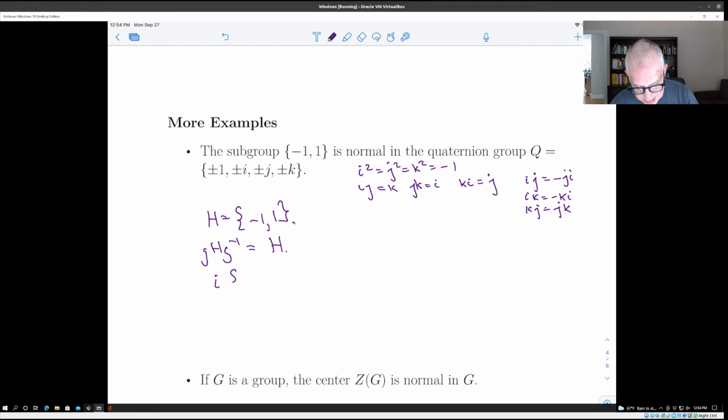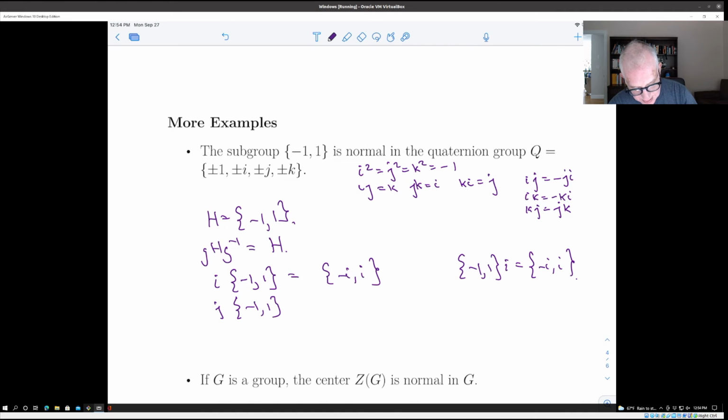So i times {-1, 1} is minus i, but {-1, 1} times i is also minus i. j times {-1, 1} is minus j, which is the same as {-1, 1} times j, and similarly for k.